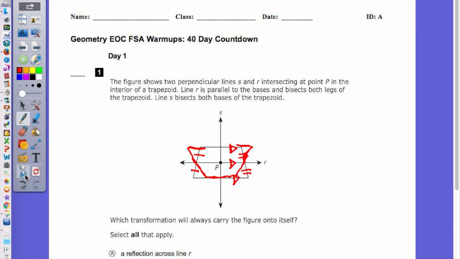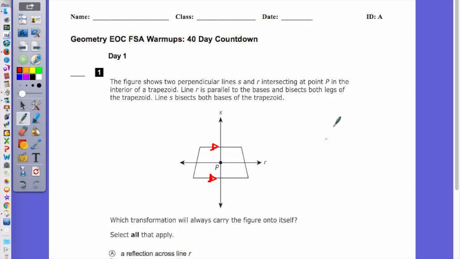And the reason I mention that is because if I reflect it on line S, S is a line of symmetry. That's why the correct answer is line S. This has no rotational symmetry until you get to 360 degrees. It has one line of symmetry, correct?